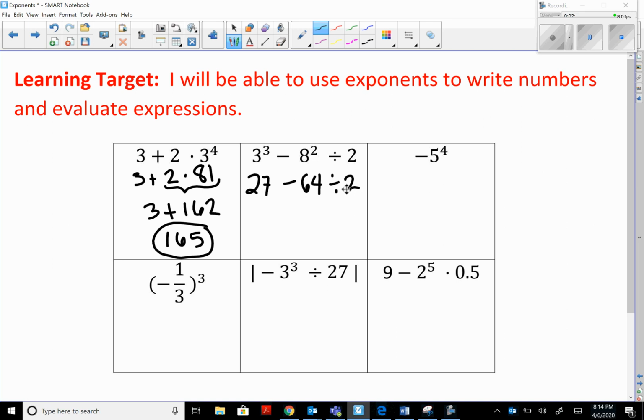Now I'm left with subtraction and division. Division, of course, comes first. So 64 divided by 2 is 32. And my last step is to subtract. 27 minus 32, and that is -5.